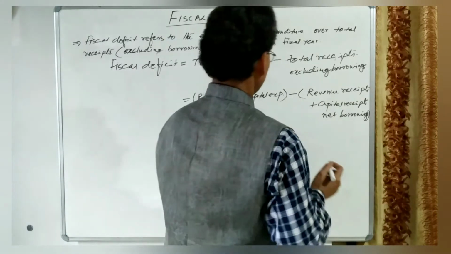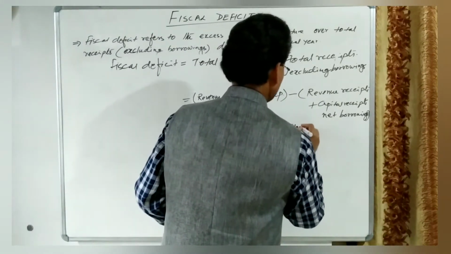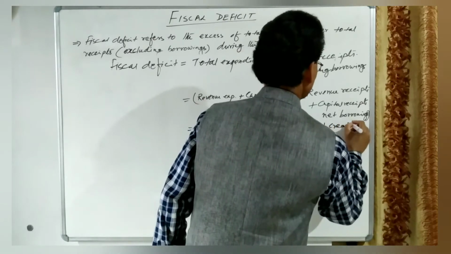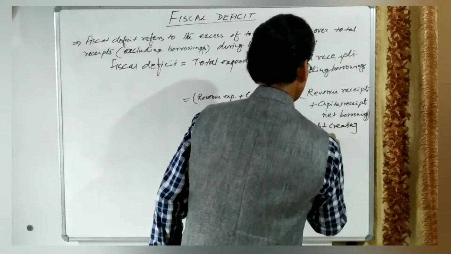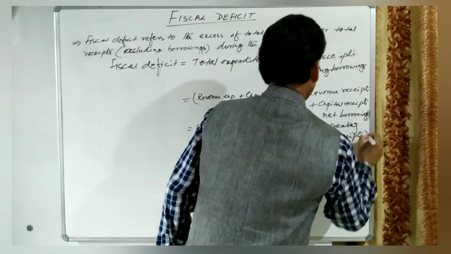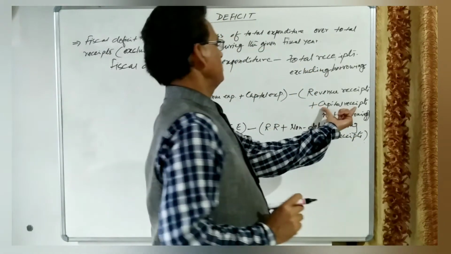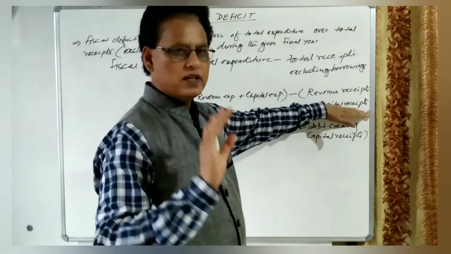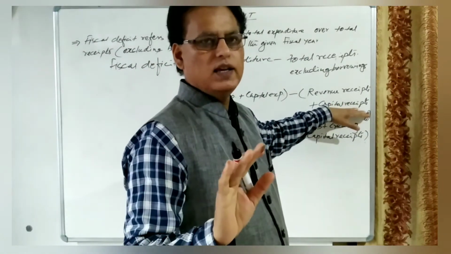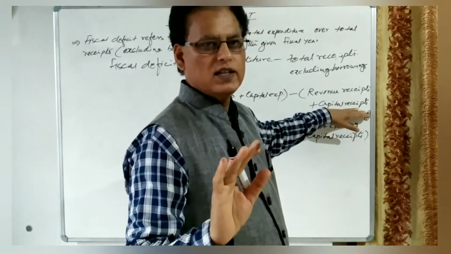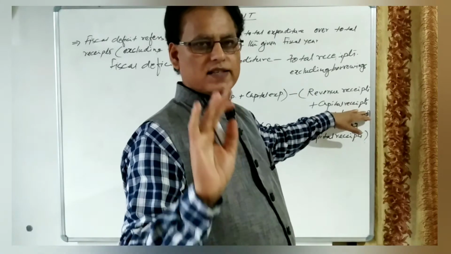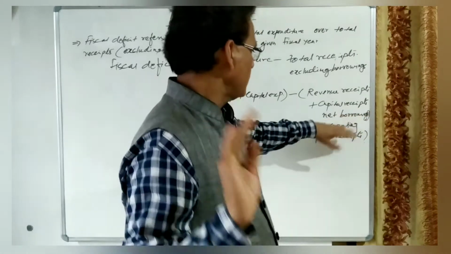Here we can also write non-debt creating capital receipts. There are three sources of capital receipt. One is the borrowing, second one is recovery of loan, and third one is other receipts such as disinvestment and small savings.